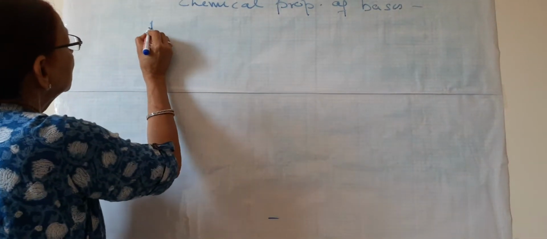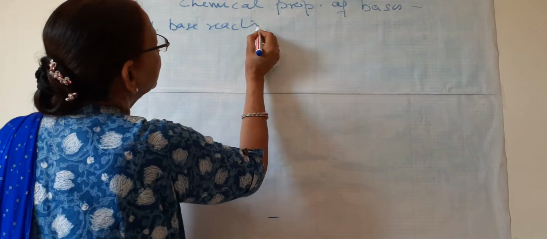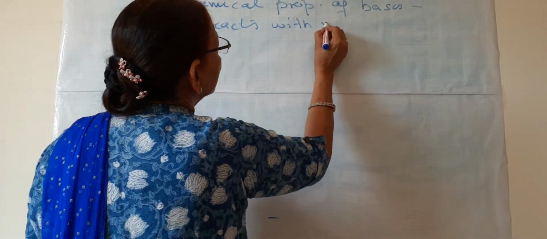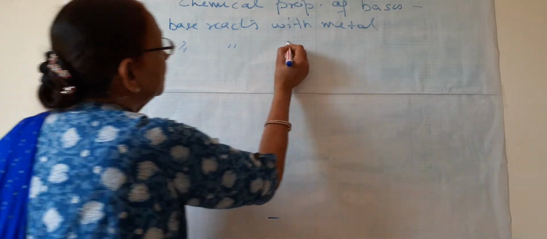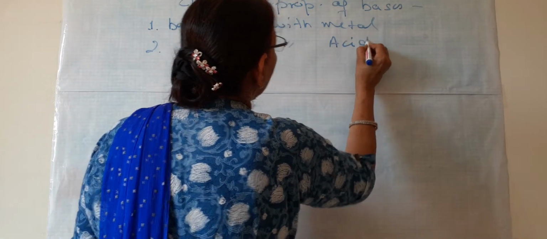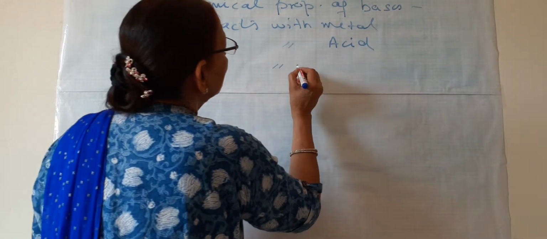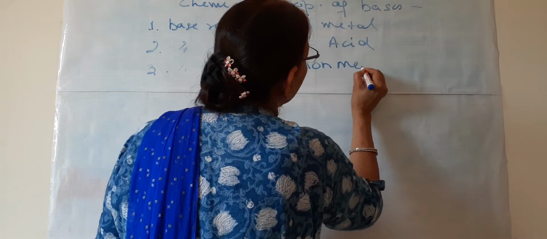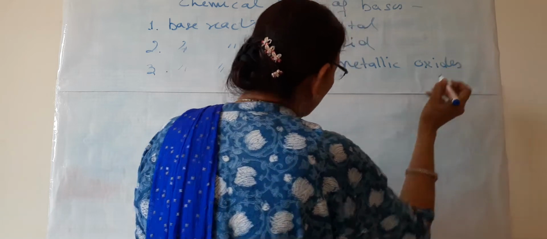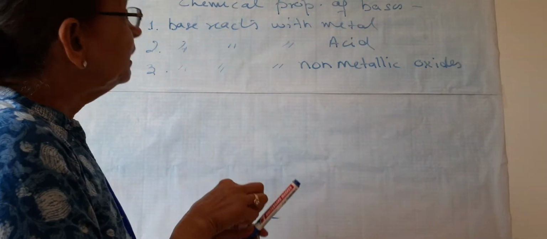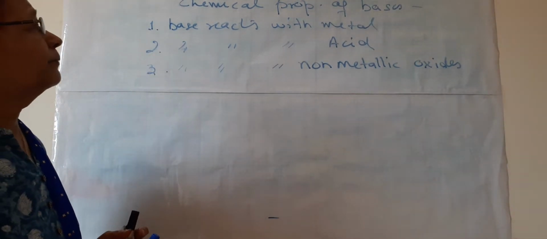One, base reacts with metal. Second, base reacts with acid, and the third one, base reacts with non-metallic oxides. So we have to learn only three chemical properties of bases, and these are very simple.